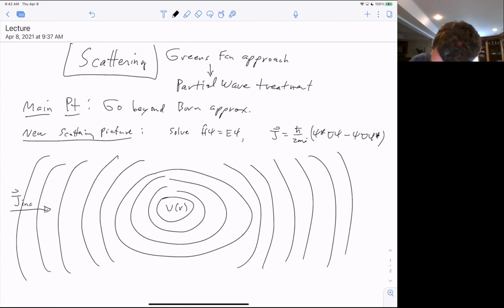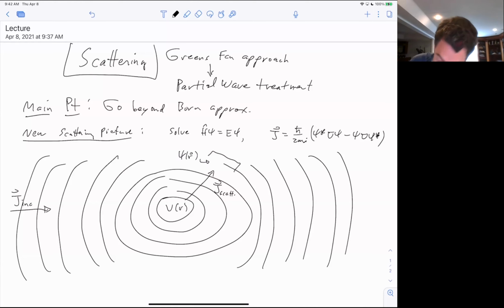And then we also have some detector, and we can calculate our probability flux into the detector. I'll call that J scattering, just by going to the detector and plugging into that formula, because we know the psi at the detector.